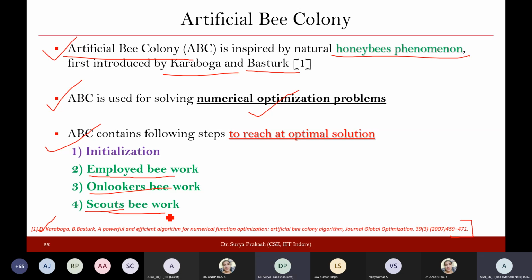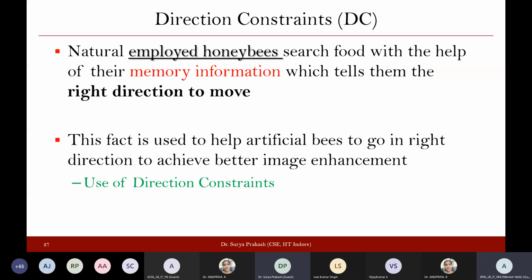Whenever you are improving the solution or creating a new solution, we need some indication. One way is that you perform it randomly, but if you have some information known, then you can take informed decisions.